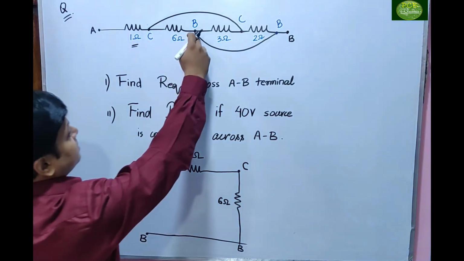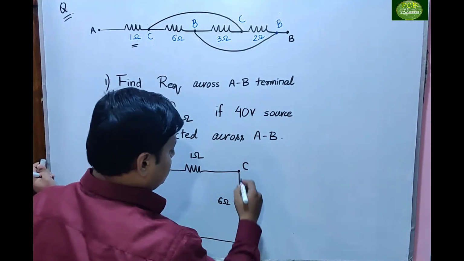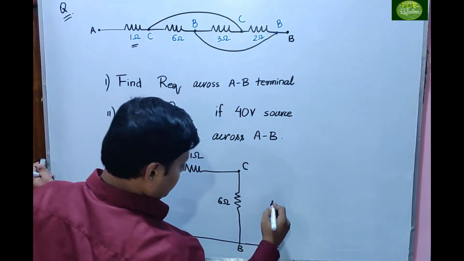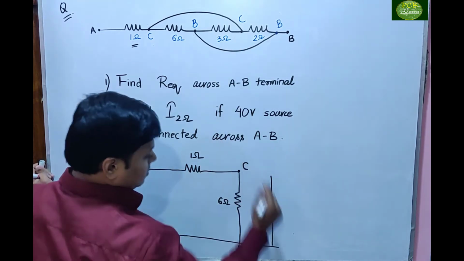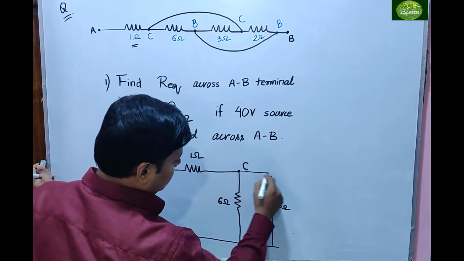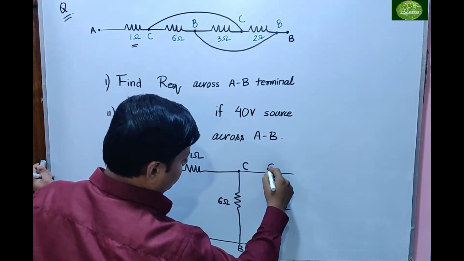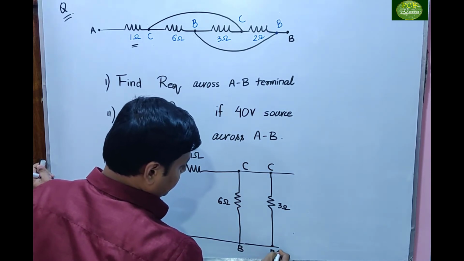Fine. Next, B to C. From B to C, what is that one? 3 ohm is present. So I can continue this one. This point will also be said as C, and this will be said as B.